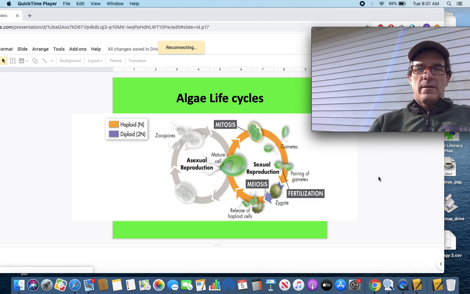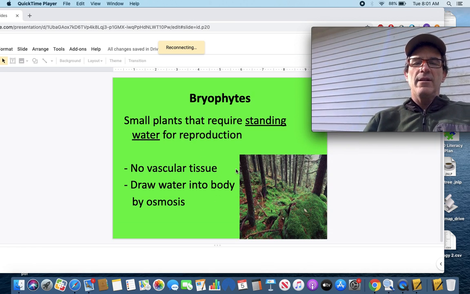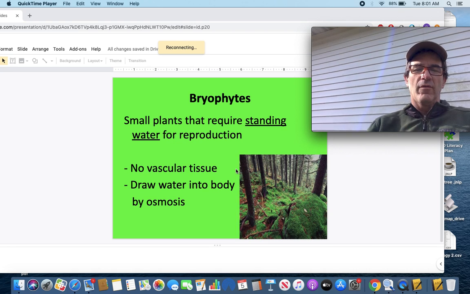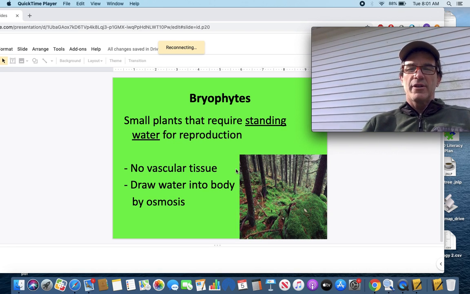So the only way they can move water is by moving it through their body through osmosis, basically how a sponge carries water throughout itself. So they have to stay close to the ground. You'll never see a bryophyte more than a couple inches in height.